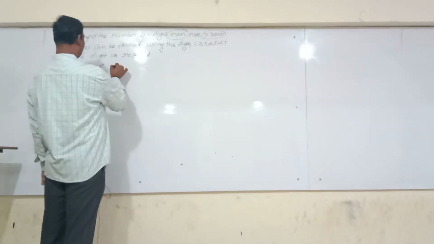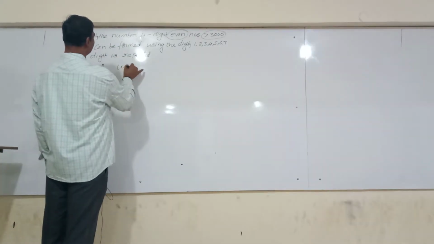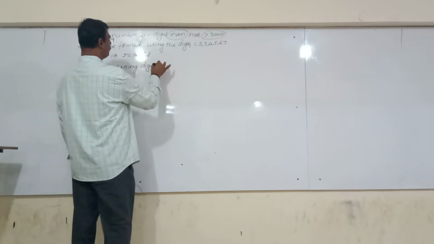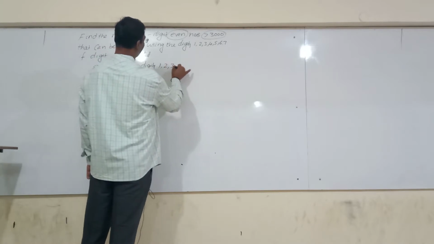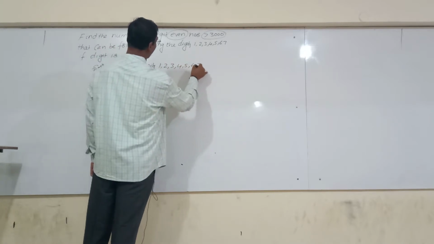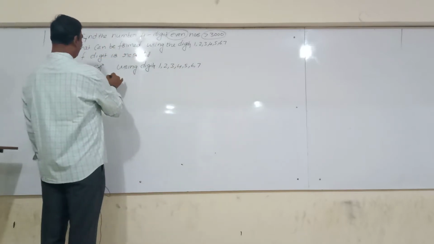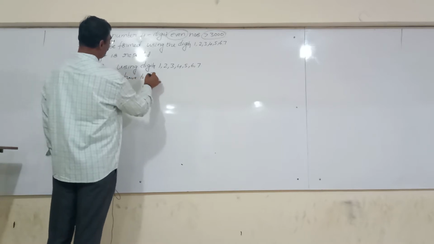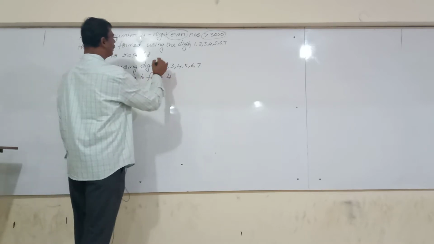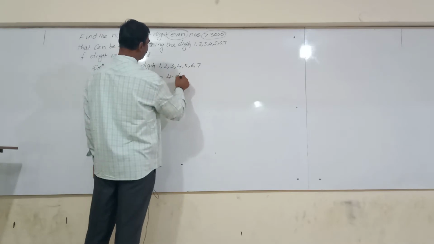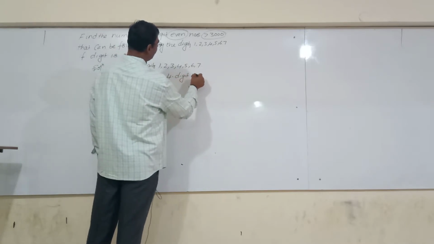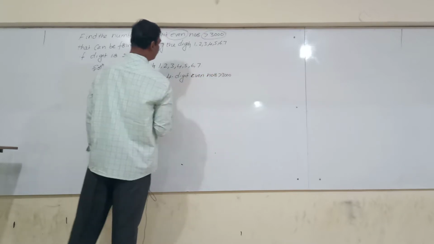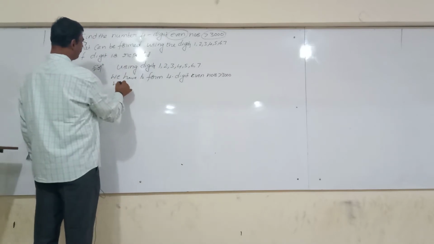So what are the given digits? Using digits 1 to 7, that is 1, 2, 3, 4, 5, 6 and 7, we have to form 4-digit even numbers greater than 3000 with repetition.